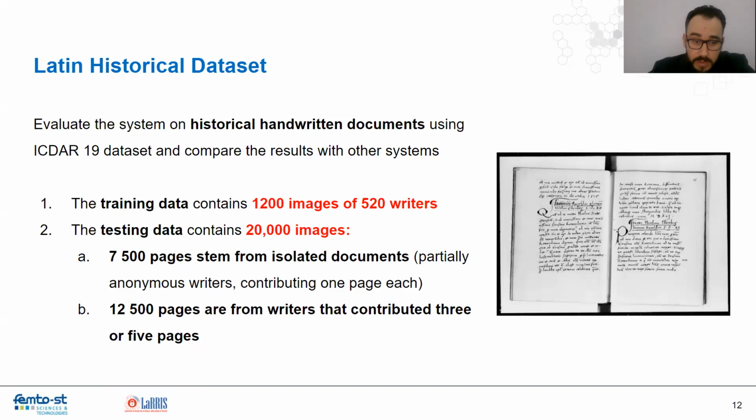Around 7,500 images are from anonymous writers, so some writers have only one page, and 9,500 images are from writers who have 3 or 5 pages.